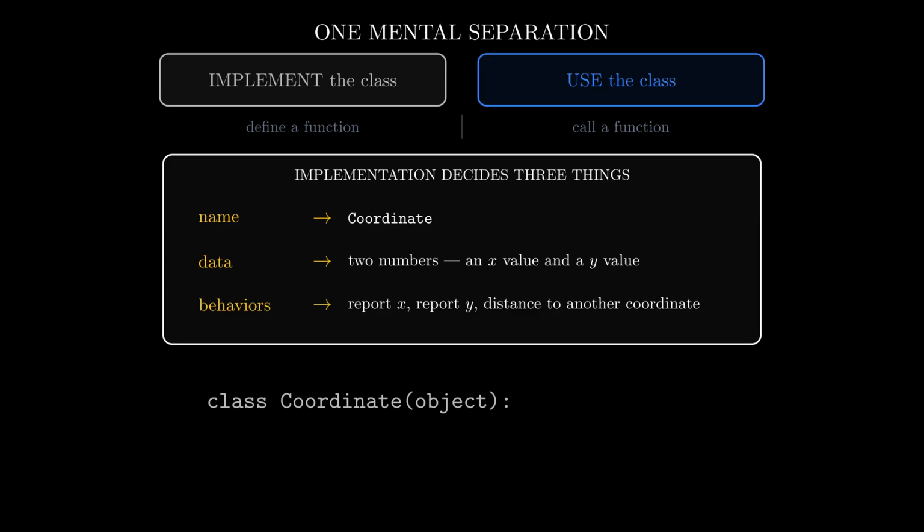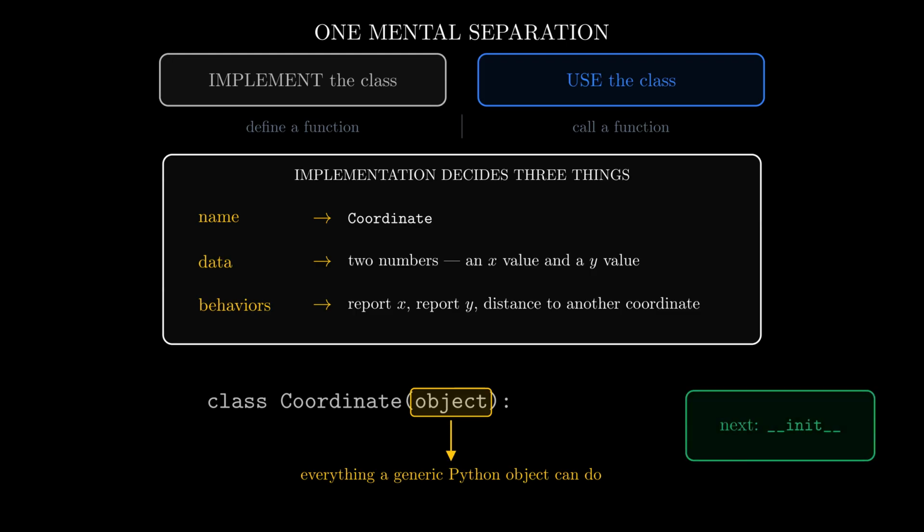The header line brings the type into existence, and through the word object in parentheses, hands it everything a generic Python object can already do. The body will hold the attributes, and its first entry is the special method that builds every instance. Done, the init, next video.